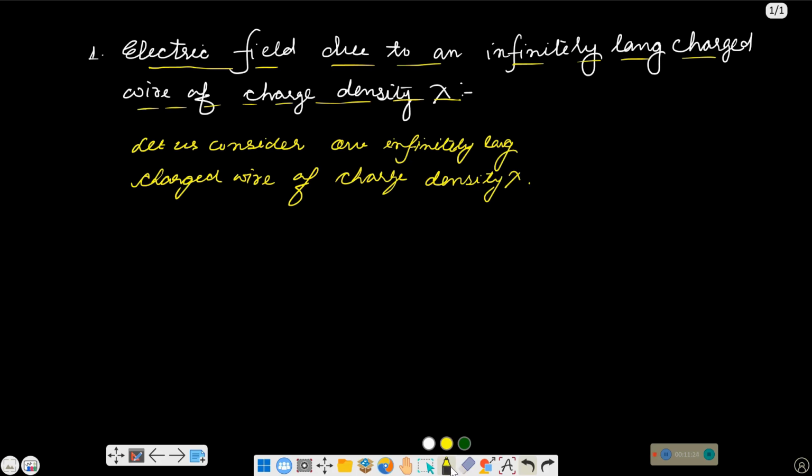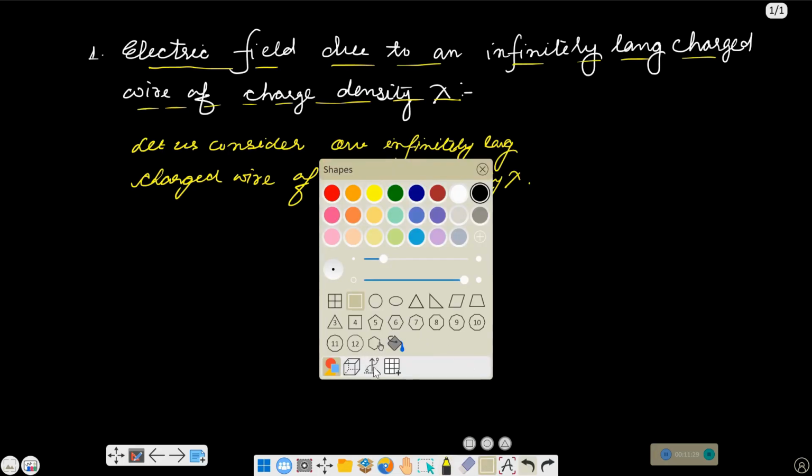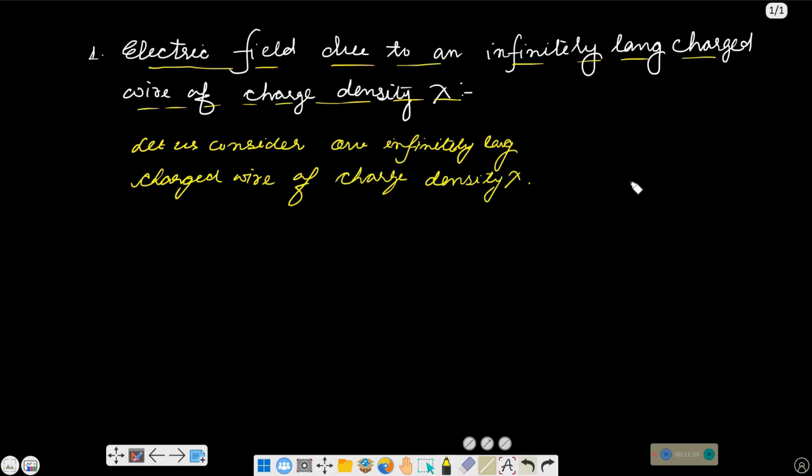Let me draw this infinitely long charged wire here like this. Here it extends up to infinity, and here it extends up to minus infinity. So this is an infinitely long charged wire of charge density lambda.